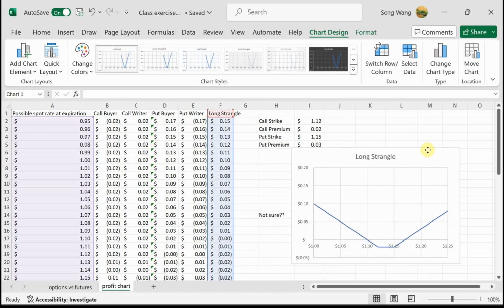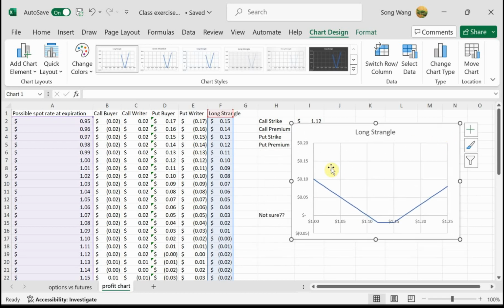So the strangle makes money for volatile commodities. Either the price is going down or going up, if the price goes wild or volatile, then you'll make money. And what makes you lose money?